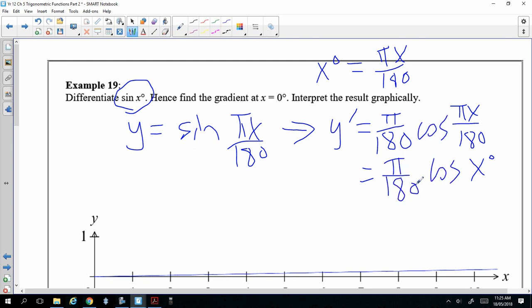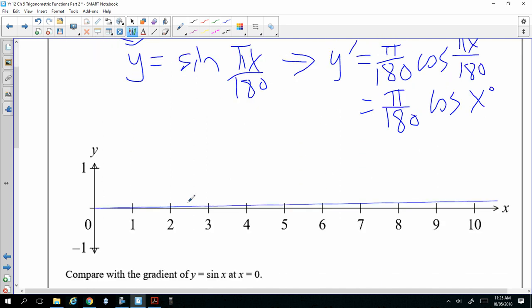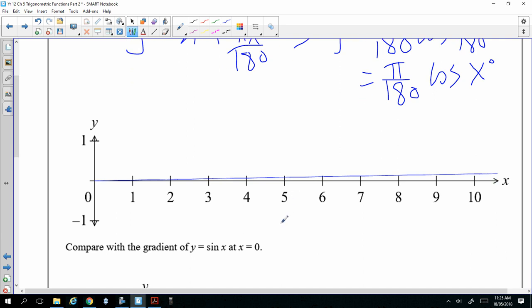Okay, that means that as you see on the graph, if you graph it against degrees, after 10 degrees the graph just goes up very little. So therefore, the gradient is actually very small.